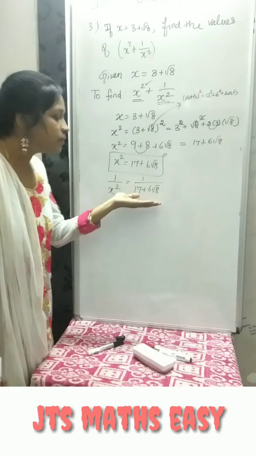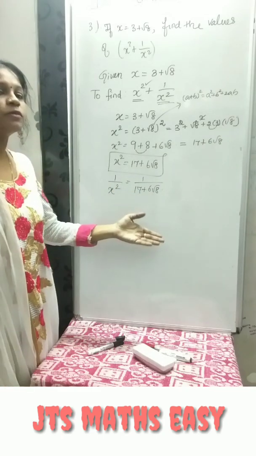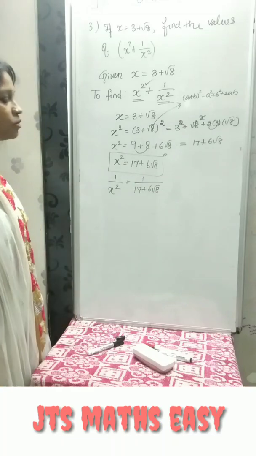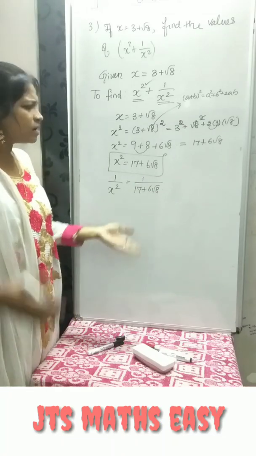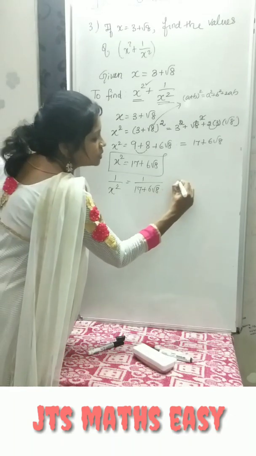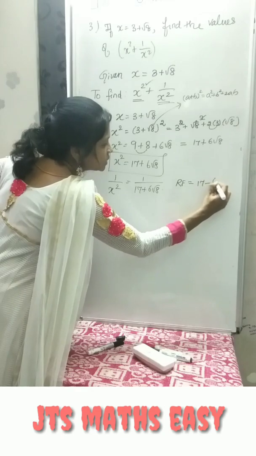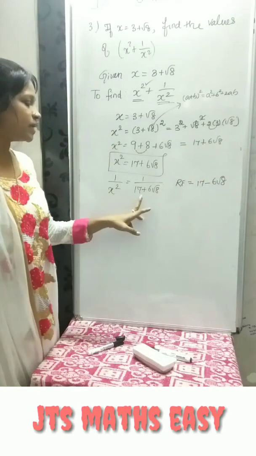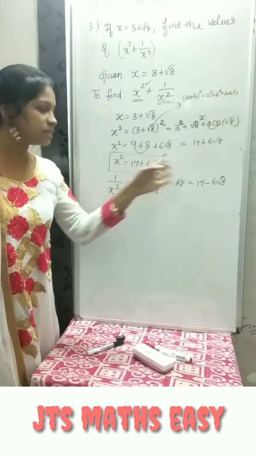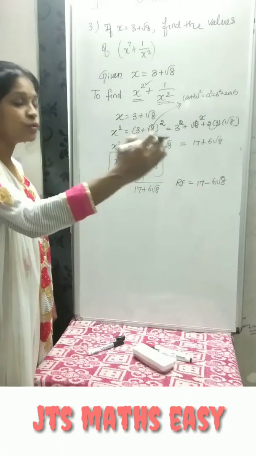But now see that your denominator is a surd, so by the concept of surds we want to rationalize the denominator. How do we rationalize the denominator? We consider the conjugate of the denominator. Because we have 17 plus 6 root 8, take the conjugate of that, 17 minus 6 root 8.